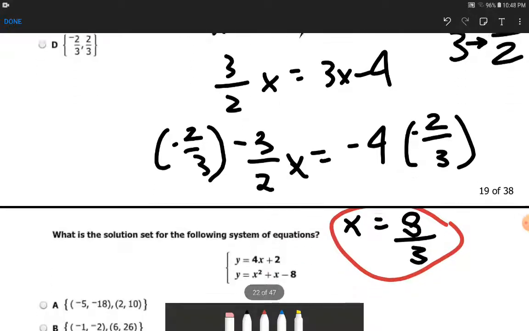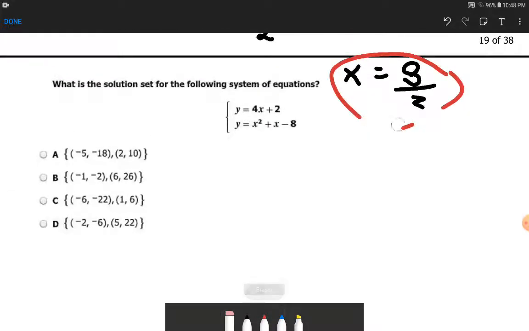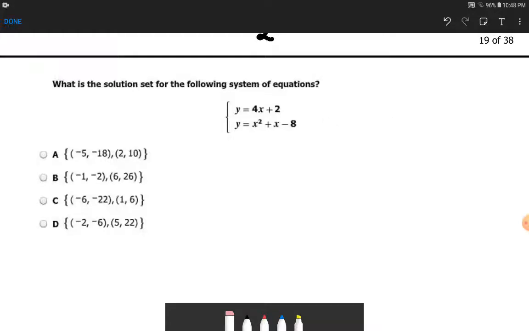Alright, let's move on to the last question of the day, question 20. What is the solution set for the following system of equations? Y equals 4x plus 2, y equals x squared plus x minus 8. So we are going to set these equal to each other by substituting y in.